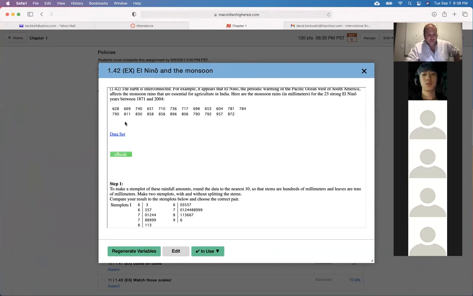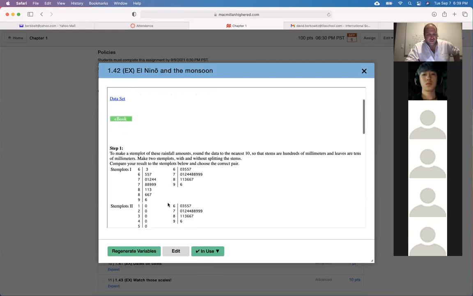Now, would any of these be 650? Let's see, 651 is 650, and 653 is 650. So those are good, and 628 is 630. Anything around the six, oh, someone's chatting, what are they saying? Yeah, just chapter 1.